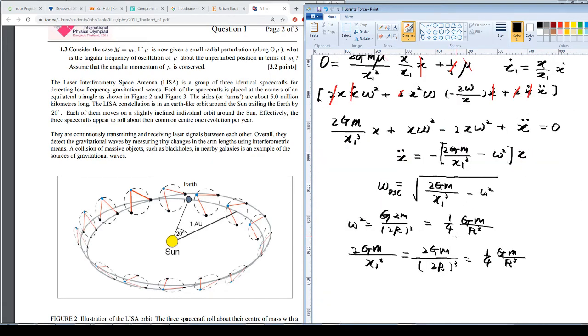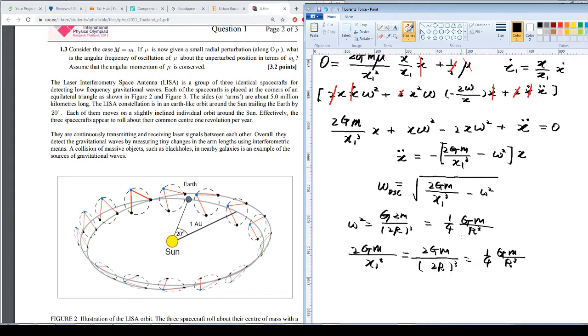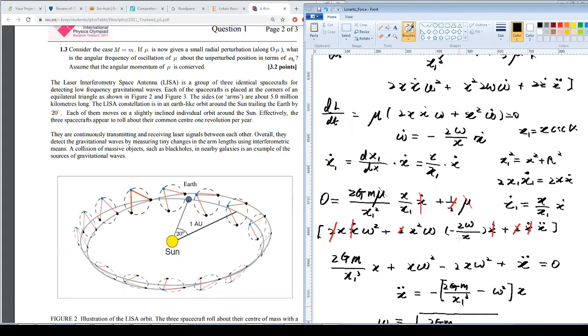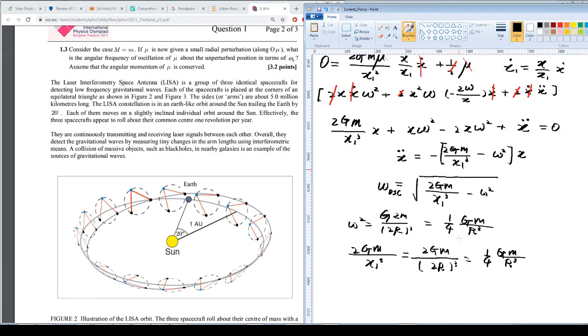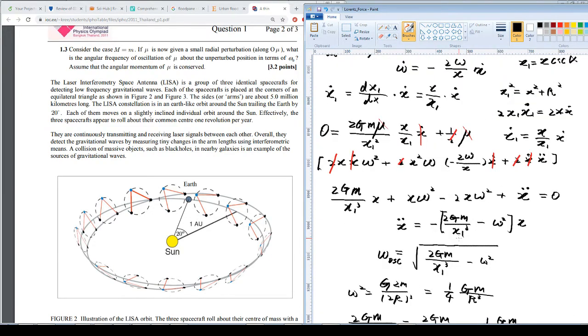Yeah, x1 is approximately the same. Everything else seems okay. No calculation error.